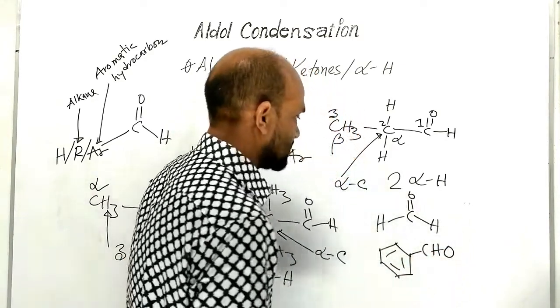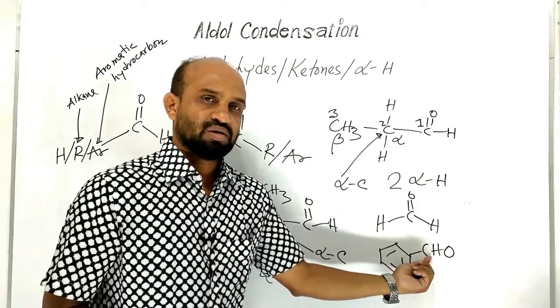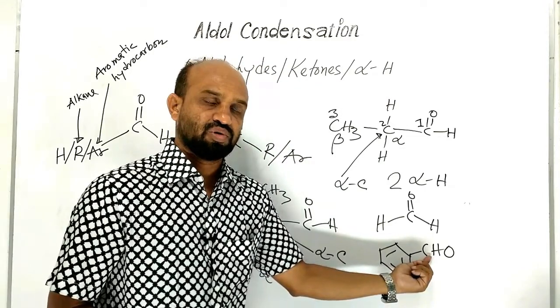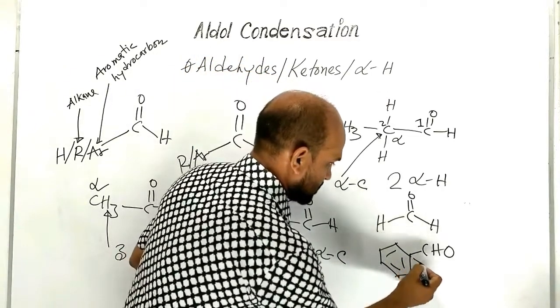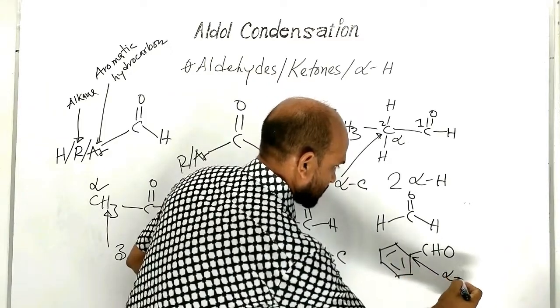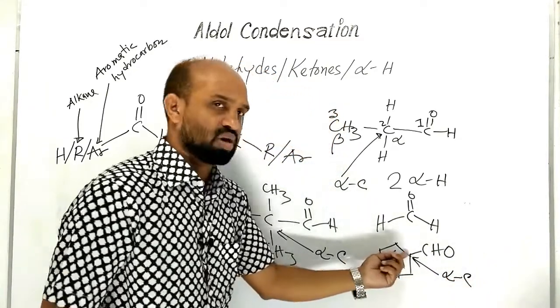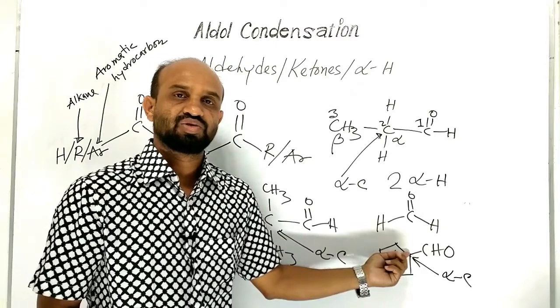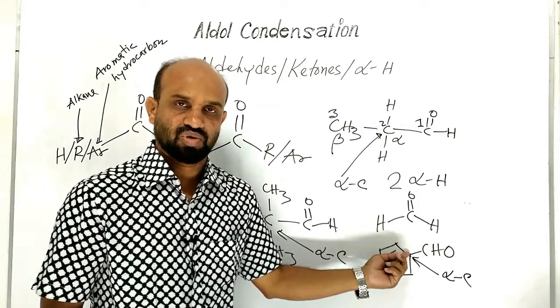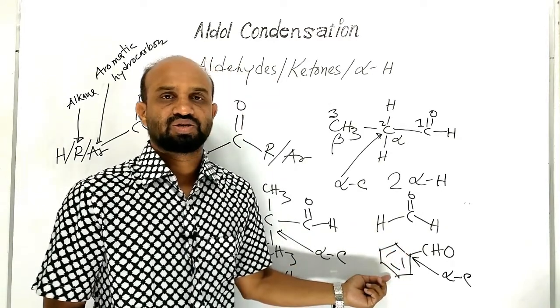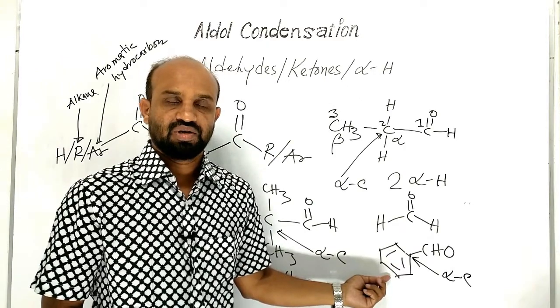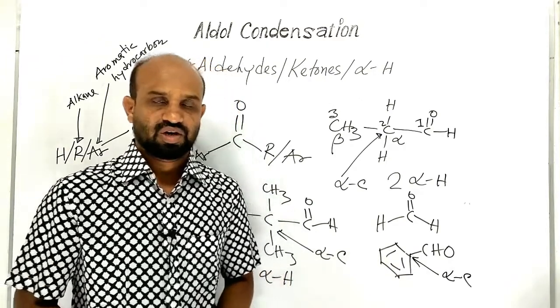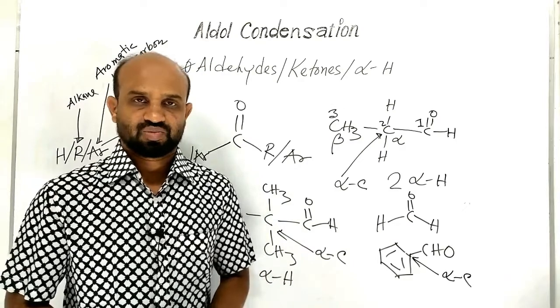This is benzaldehyde. This carbon is functional group carbon and adjacent carbon is here, which is alpha carbon. In this carbon as well, there is no hydrogen atom. So in this compound, there is no alpha hydrogen. This is all about alpha hydrogen. Let's move on to the next point.